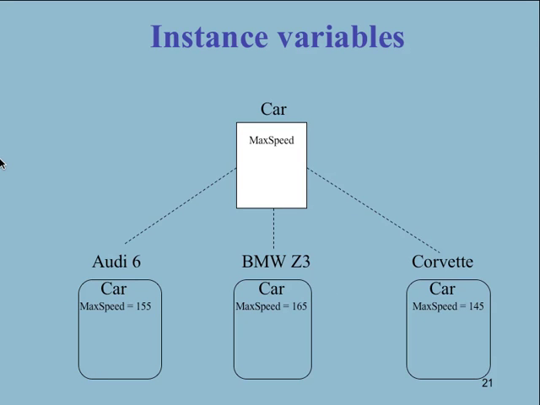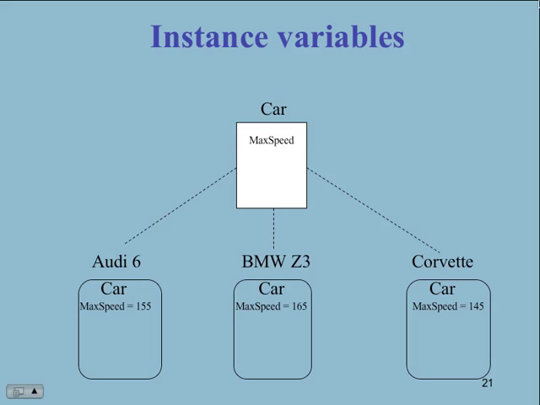And here's an example of maximum speed. So these are what's called the instance variables. We have the car. It has a maximum speed instance variable that here for the Audi we have set at 155. Well, this is telling us that the BMW is the fastest car because it goes up to 165. And I'm not sure these values are actually true. Who knows? They're guessed. They're made up. And the Corvette maximum speed is 145.